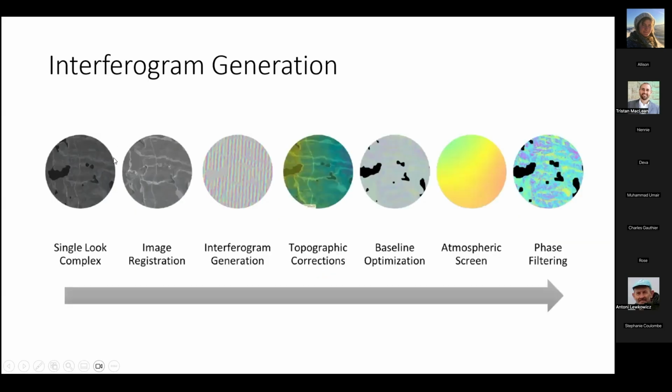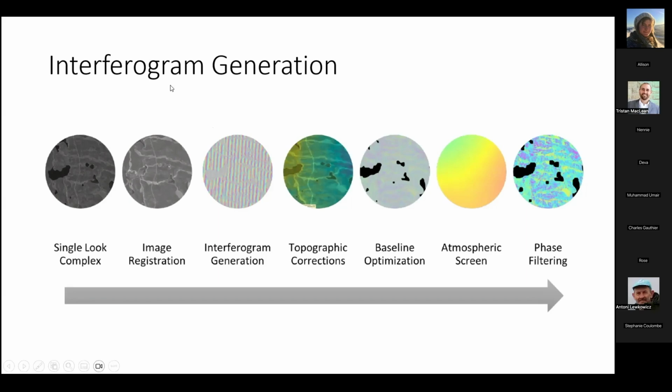So this is just an overview of the interferogram generation process. You start with a single look complex image, where there is amplitude and phase, where the phase is an imaginary number. And then you register these to a common master scene so that all of the acquisitions are lined up with each other, so you can compare pixel to pixel.